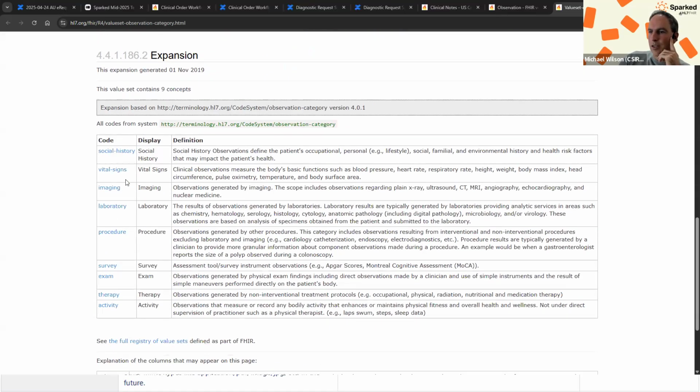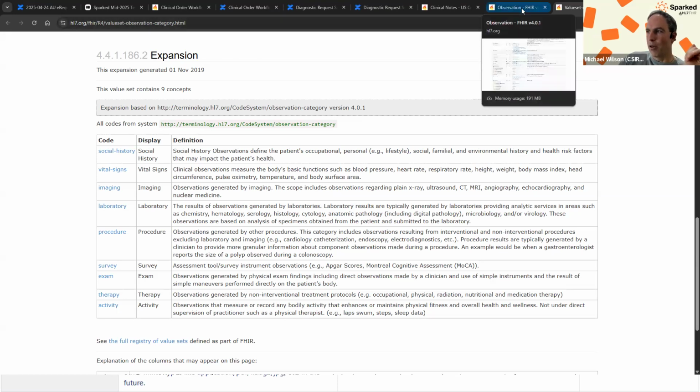So you've got social history, vital signs, imaging, laboratory, procedure, survey, exam, therapy, and activity. Now, we're not constrained to this. This is just preferred. We could have our own. We also don't have to provide it. But that just gives an indication of what the preferred value set is for the category.